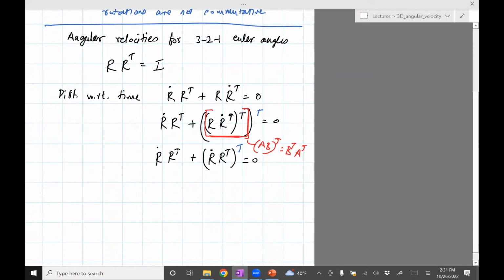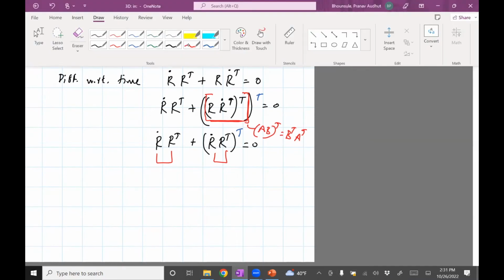Okay, now what you notice is that the same matrix appears here, but the sum of the matrix and its transpose is 0, which means that the matrix R dot R transpose has to be a skew-symmetric matrix. Because for a skew-symmetric matrix, S plus S transpose is equal to 0.